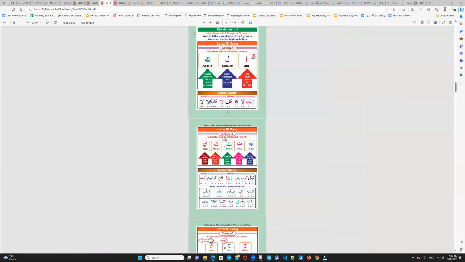Plus, we are going to use development 1, only 3 groups: group 1, 2, 3 to learn accurate pronunciation, and they are going to learn the ID song. Within the ID song, they are going to play a letter game. By the letter game, they will recognize the letters as well as avoid the confusion between the similar looking letters.